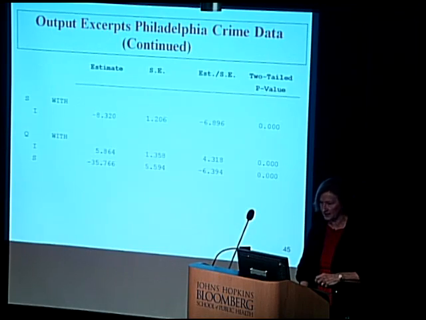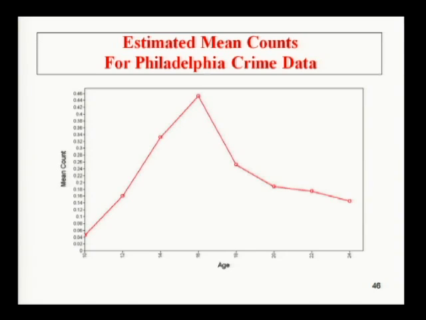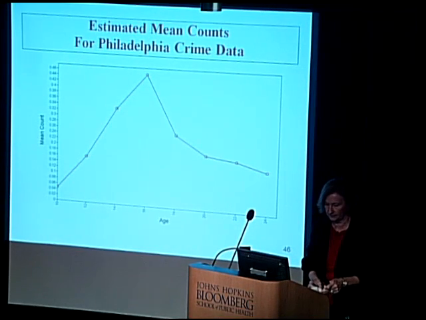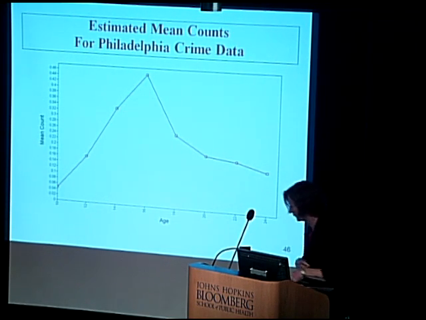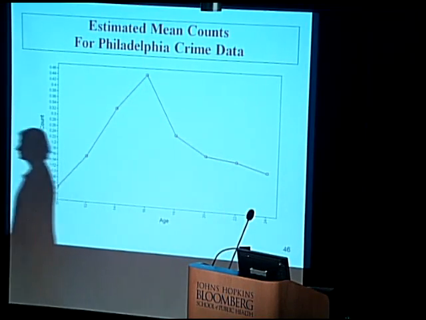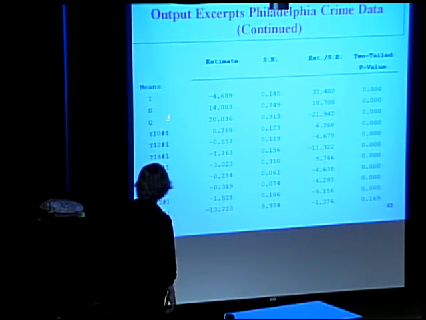Now, on the next picture is a plot over years 10 through 24 of the mean count. So that's the exponentiated values. If you look back on slide 43, so these values are up here.